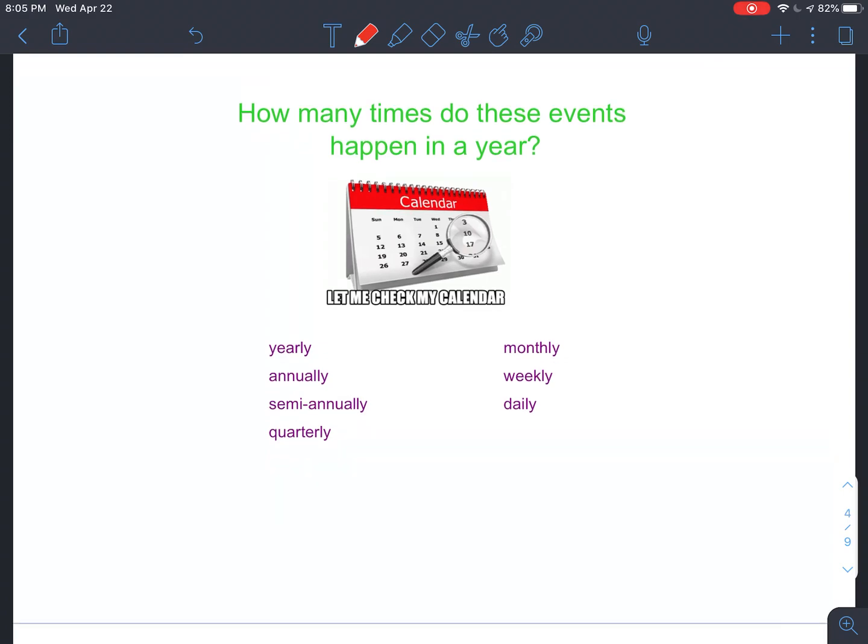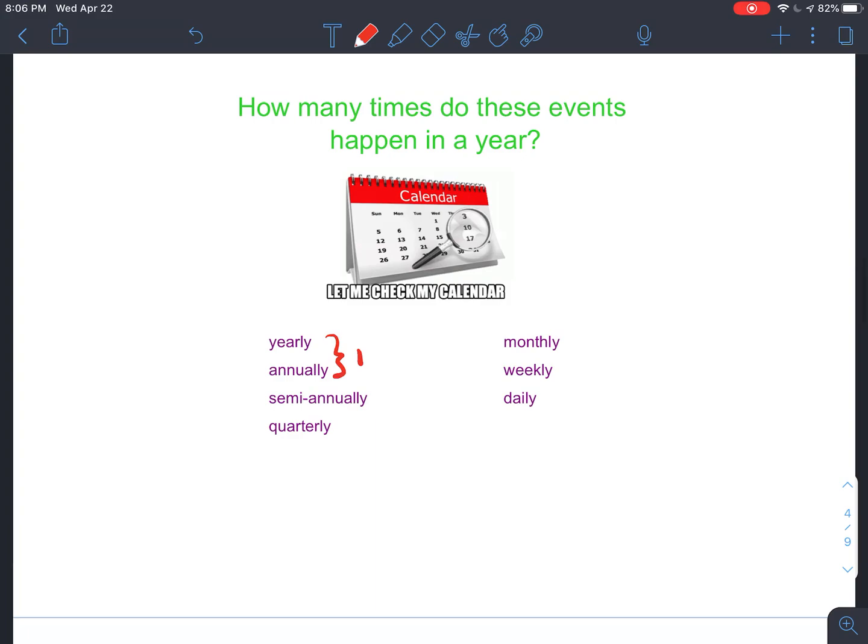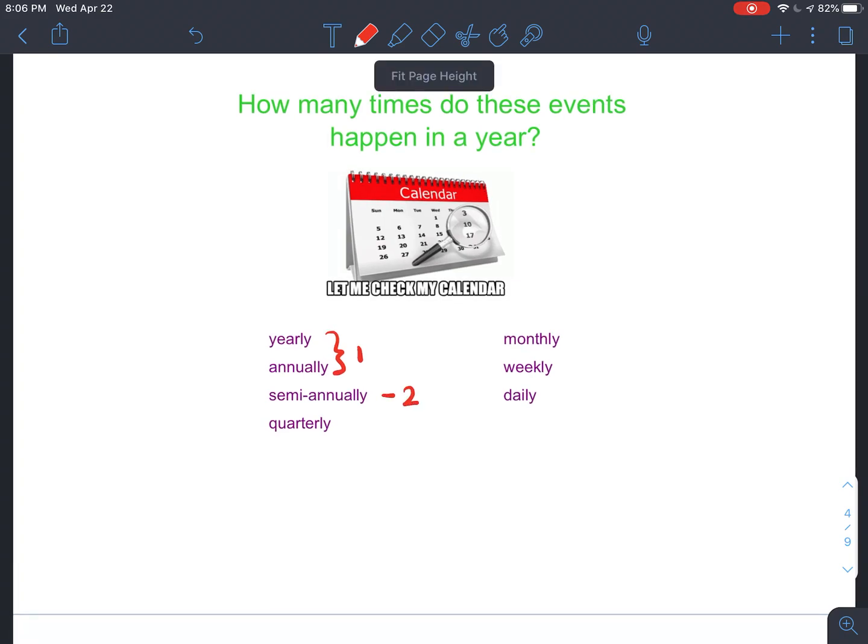Let's talk about what these values of n can be. So yearly and annually, we've already seen. How many times does this happen in a year? Once. Yearly happens once every year. Annually happens once every year. But as we move towards these other words, semi-annually basically means twice a year.